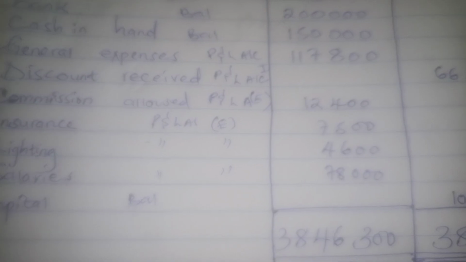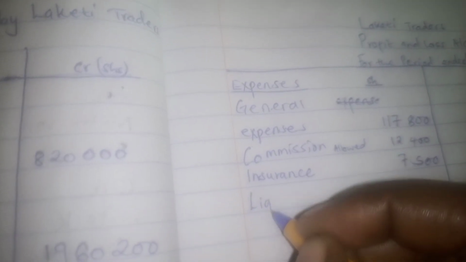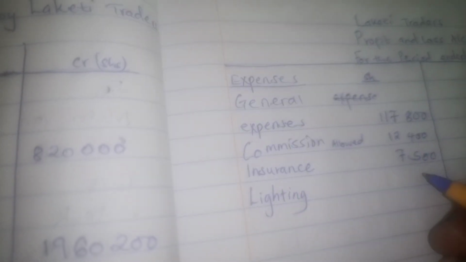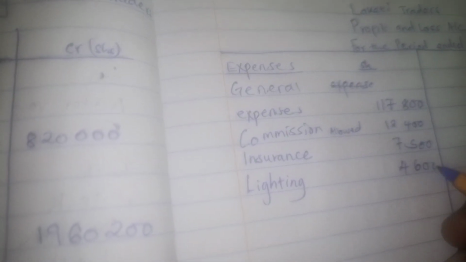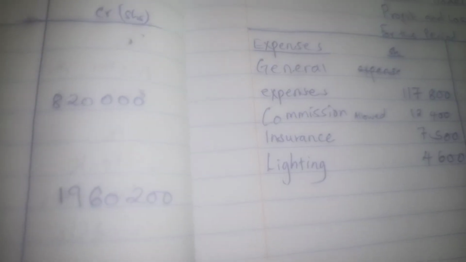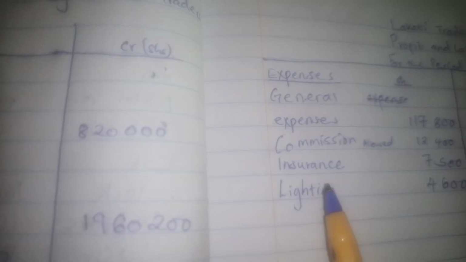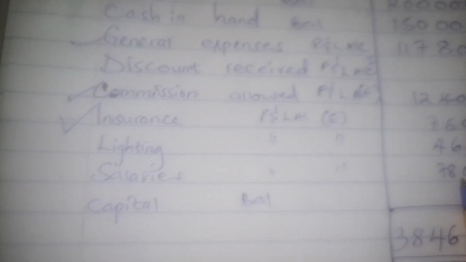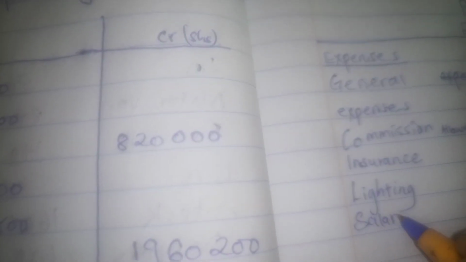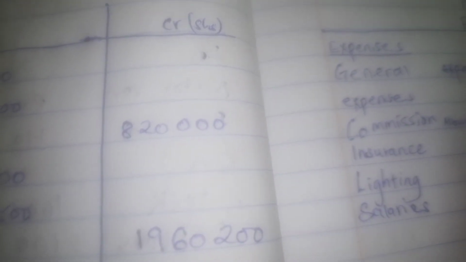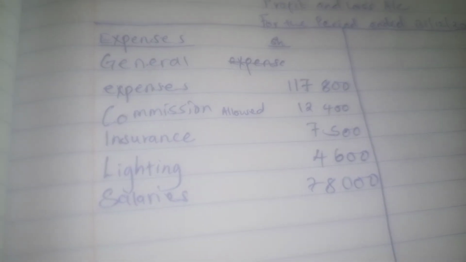Then we have lighting, which is 4,600. And lastly, we have salaries, which is 78,000.